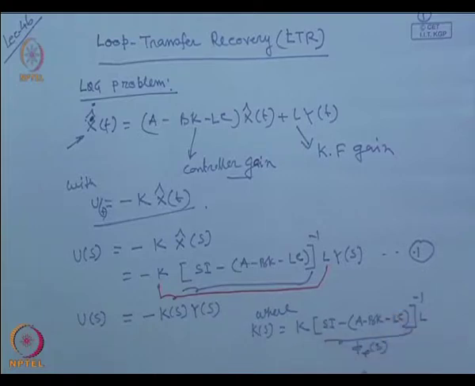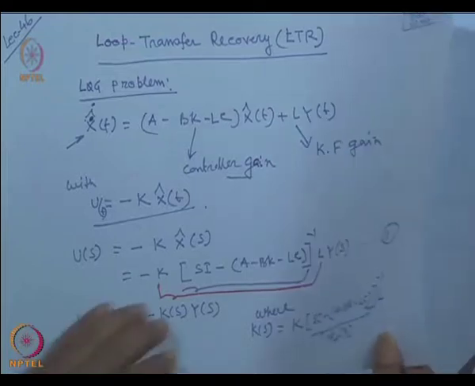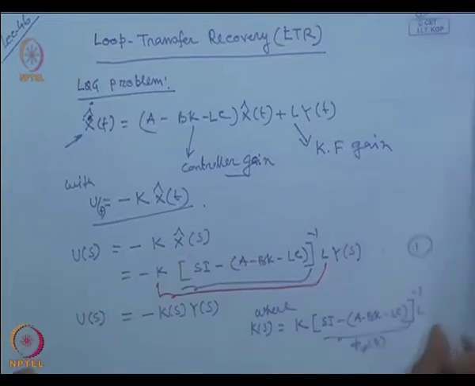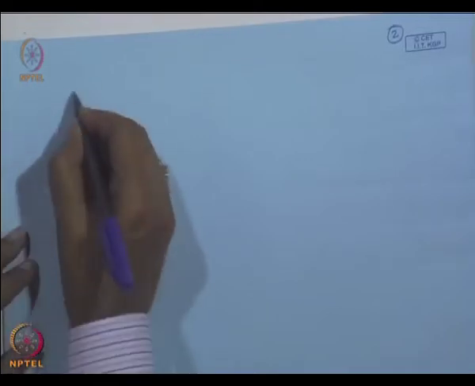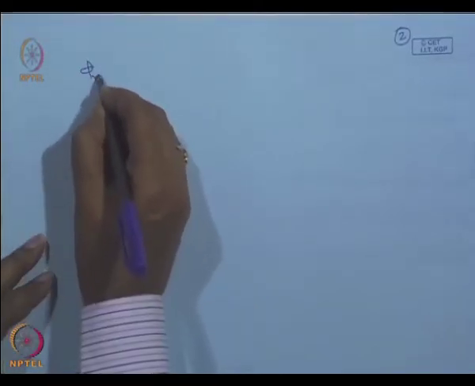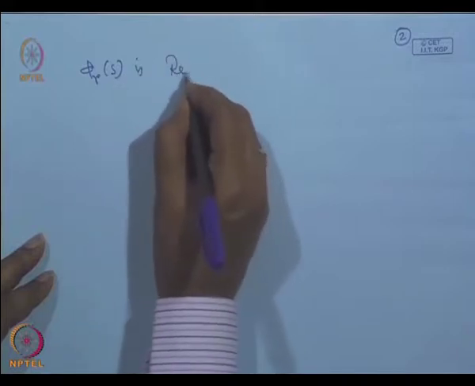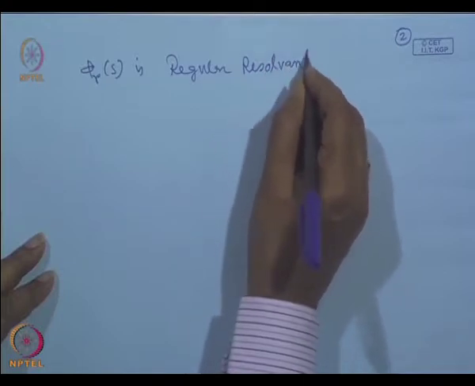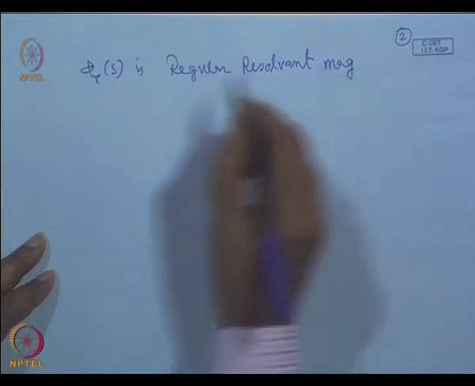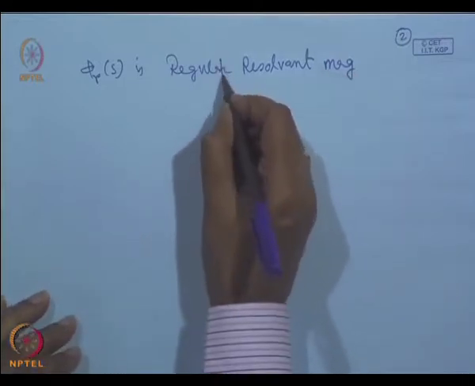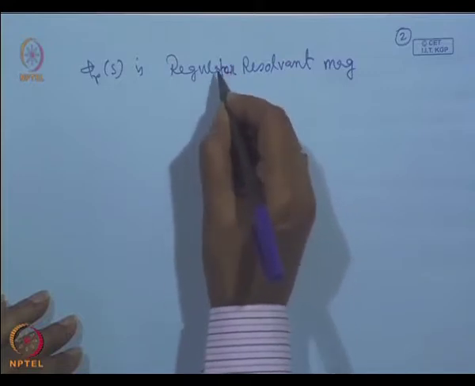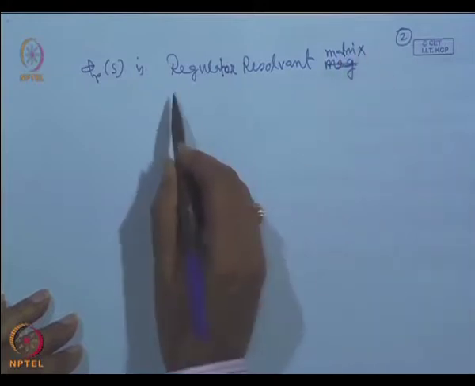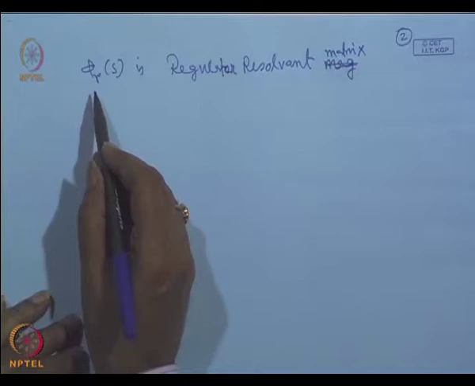It is called the regulated resolvent matrix, phi r of s.